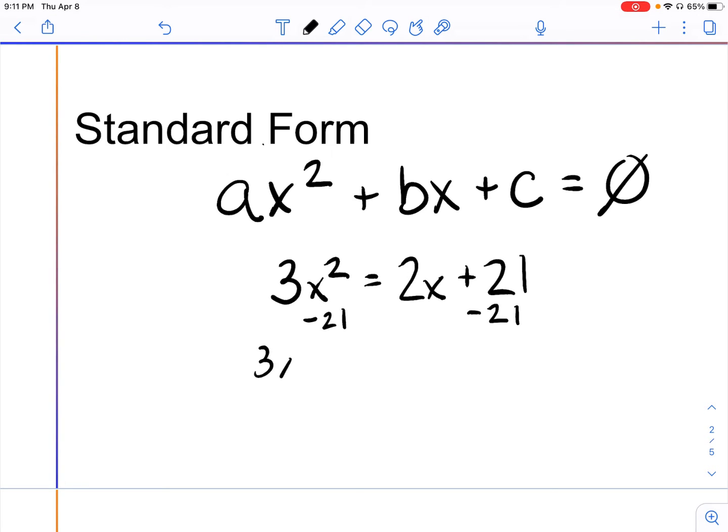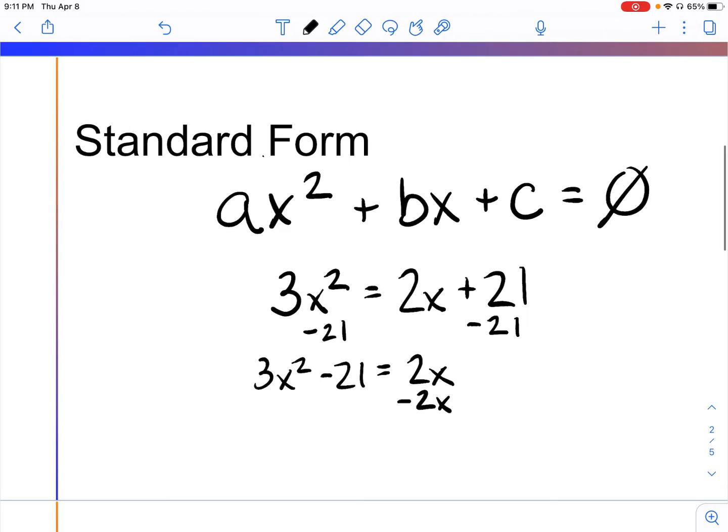So I get 3x squared minus 21 equals 2x. And then this is something that's a little unusual. We haven't done this before. I'm going to subtract 2x from both sides. And you say, well, gee, if I subtract 2x from 2x, doesn't that leave me with nothing? That's correct. It leaves you with nothing.